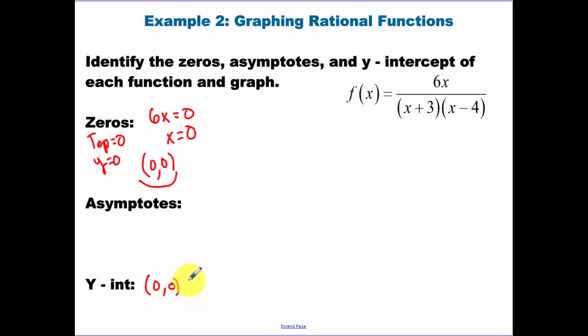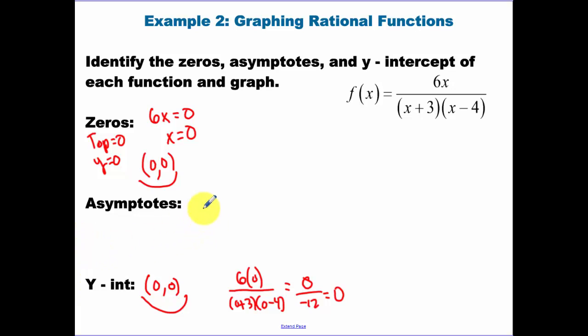For the y-intercept, you make x 0. Let's just check and make sure nothing else becomes 0. No, we don't get anything else to be 0, so we have 0 over negative 12, which would end up being 0. So again, our origin is going to be where our 0 is.